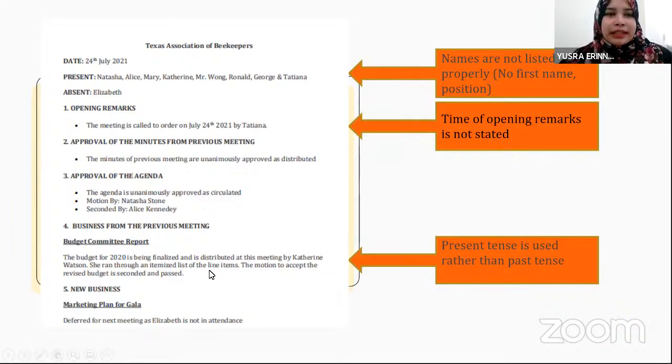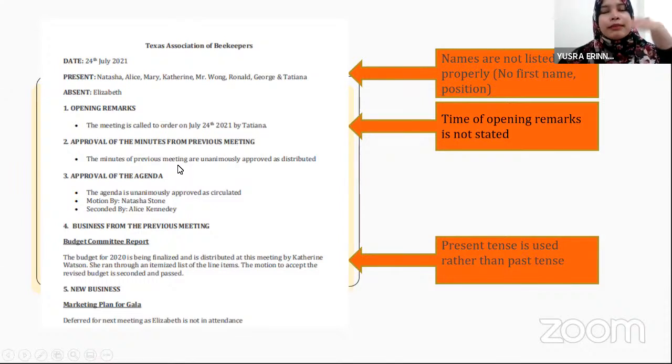And then another glaring thing over here is the use of present tense. The minutes of previous meeting are unanimously approved and distributed. So the word "are" over here should be changed into "were", because we need to write in past tense.